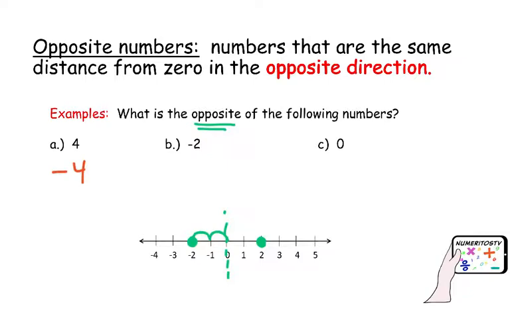So the opposite of -2 will be 2. What about the opposite of 0? Well, 0 is a special number. So 0 will not have an opposite, or the opposite of 0 is just 0.